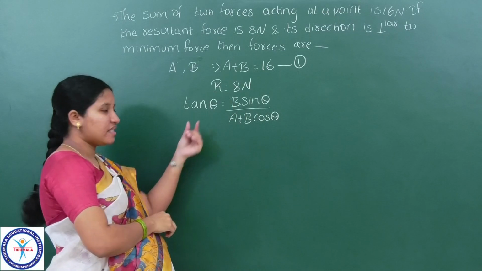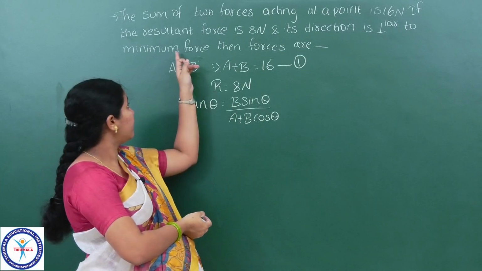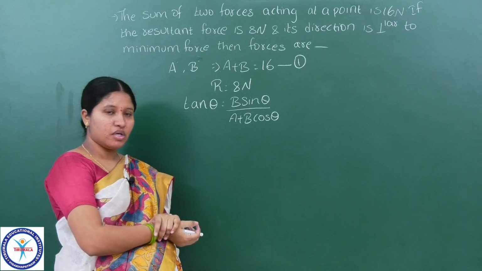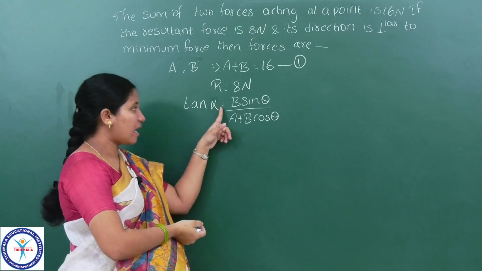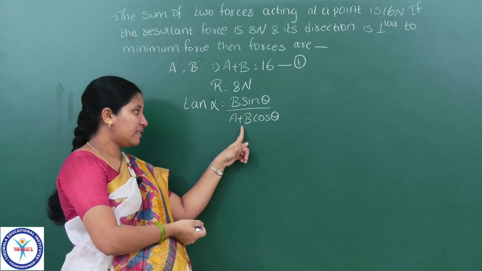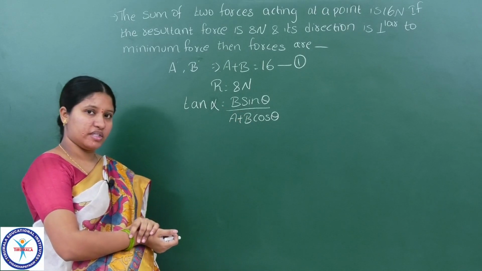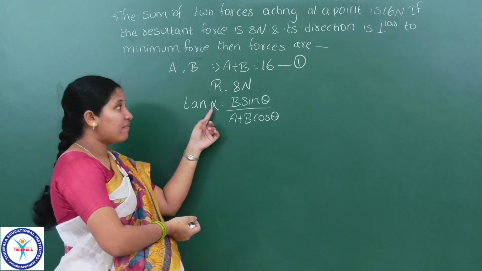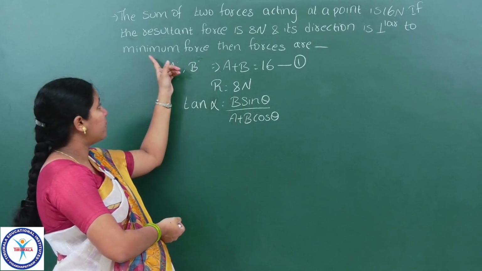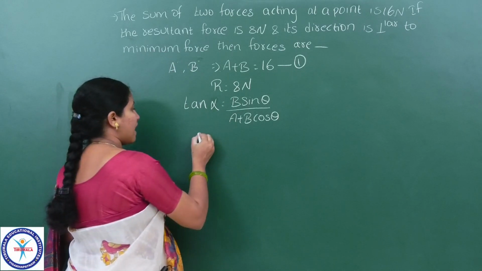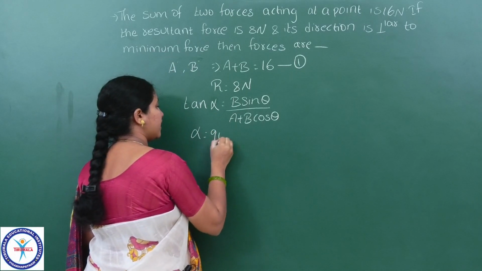So the direction is given by tan alpha equal to B sin theta by A plus B cos theta. Here alpha is given as 90 degrees, because the direction is perpendicular to the minimum force.